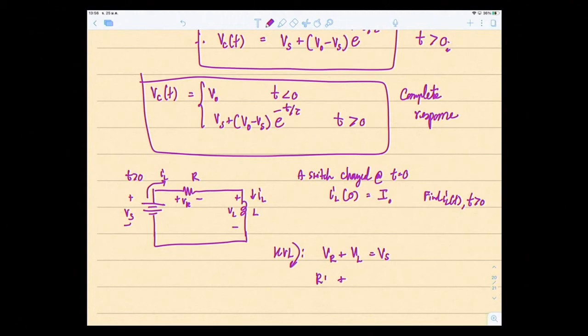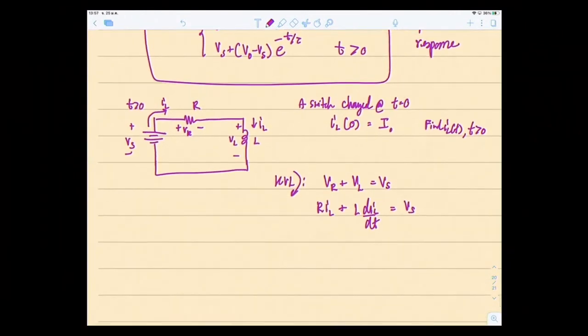So R times IL plus L dIL dt equal to Vs. Rearrange it to make it look more like a first order differential equation. You will have dIL dt plus R over L IL equal to Vs over L. So therefore that is your first order differential equation for this case.